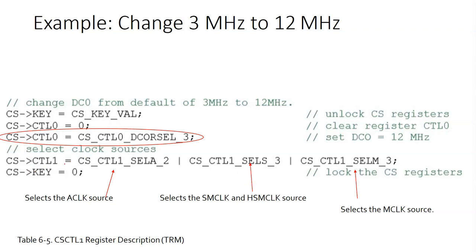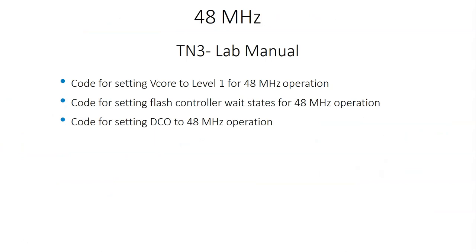And then CTL1 is used to set the clock sources. In this case, we're using these predefined macros, which are included in the MSP header files, to set the A clock source and all the other clock sources, including the M clock source for the processor. And then finally, we lock the clock system control registers again. As I said, for 48 megahertz, there's some good tips in the lab manual, technical note 3.